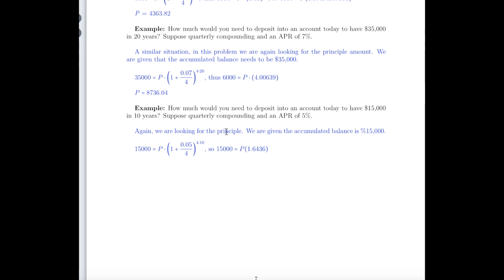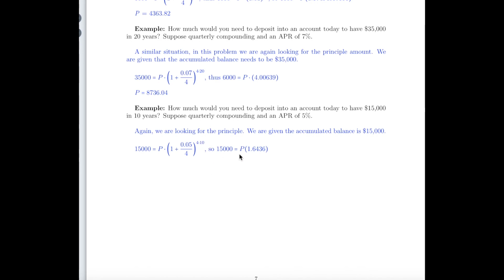Oh goodness. I have the wrong symbol. Let's change this to a number sign and not a percent. There we go. So looking for $15,000, we need to know how much we're going to deposit, so that's our principal. Plugging it right into the formula, 0.05 because that's our rate, 4 because it's quarterly compounding, 10 because it's 10 years.